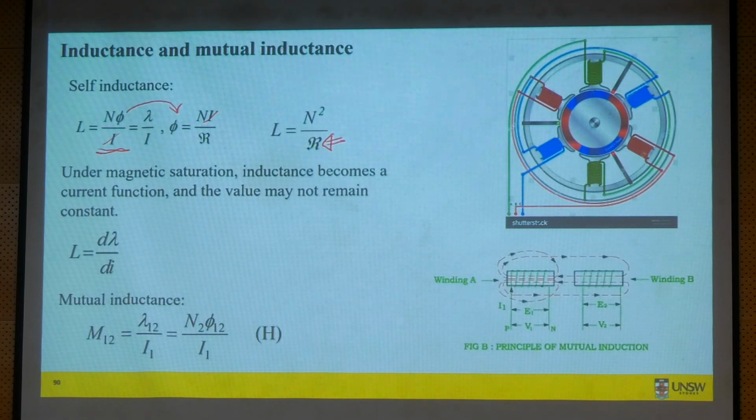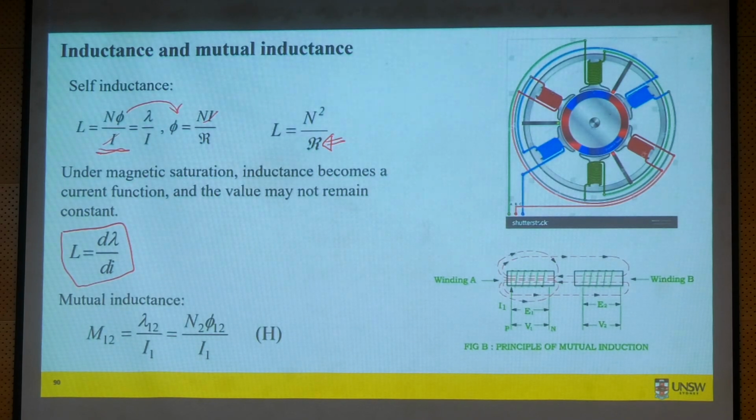Okay, but one thing we should also remember is that reluctance is useful for calculating inductance only as long as we don't have magnetic saturation. If you have magnetic saturation, then the definition of inductance actually becomes the rate of change of flux linkage over the rate of change of current.